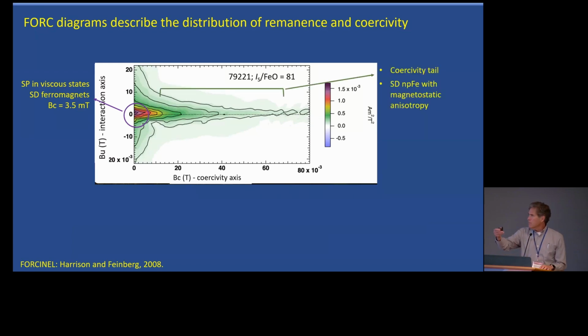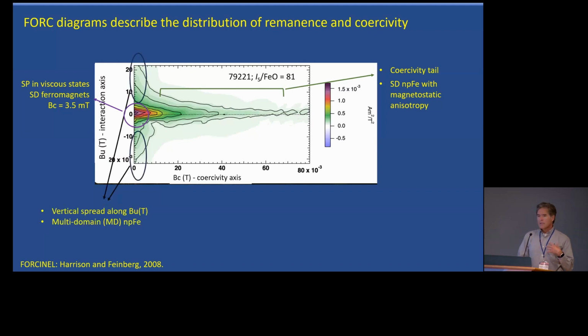We also have the coercivity tail, which is indicative of magnetic anisotropy, not just magnetocrystalline for spheres, but prolate ellipsoids, some other shape anisotropy exists, because iron is a soft magnetic material and should not have that high a coercivity on its own.